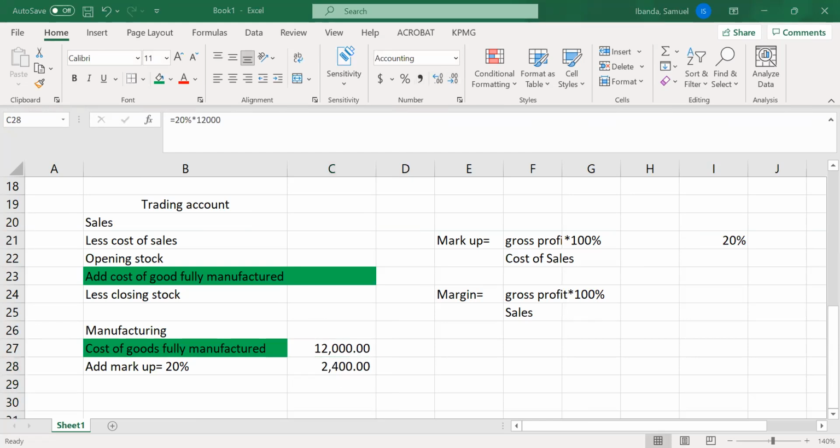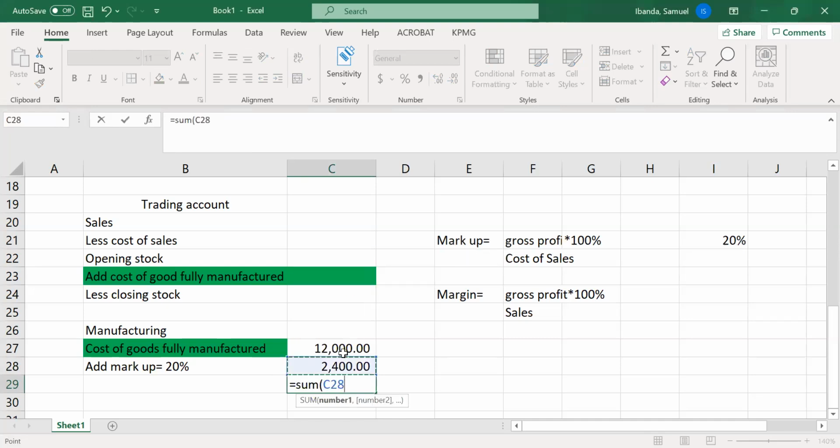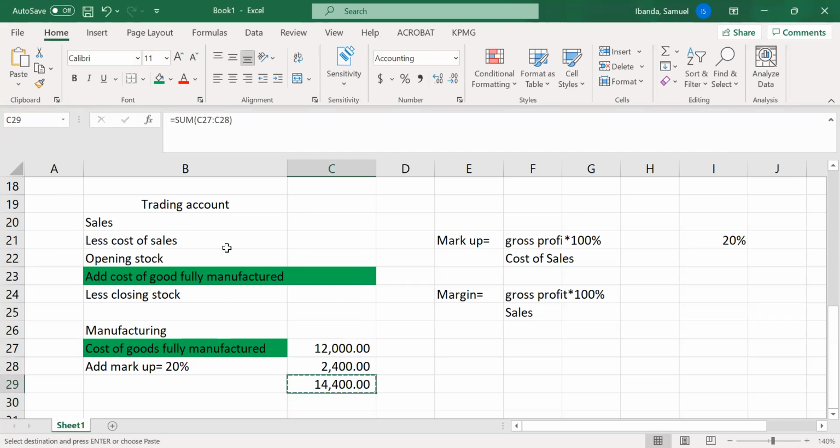Now, one of the things that I commented about when we are transferring goods at a markup, I gave you, I think, within the notes, a guideline in terms of what you should exactly do. Because when you're transferring goods fully manufactured at a markup, it means that after getting your value here of your marked up goods, this is the figure that you're actually going to take to your trading account.